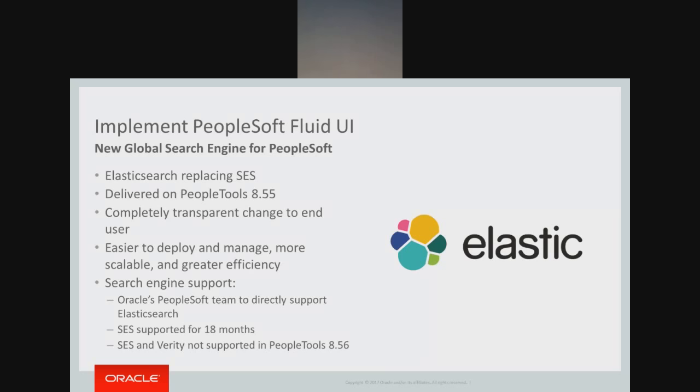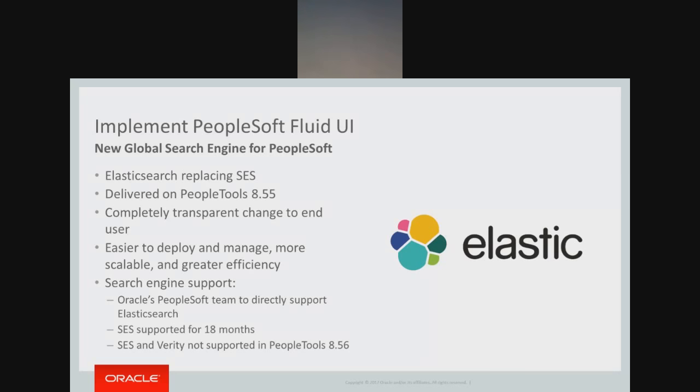As a functional user, what they're going to like the most is not only do they get this look and feel and be able to act upon search results, but this might be 856 functionality, I think it is, where Elasticsearch will also search through document attachments.